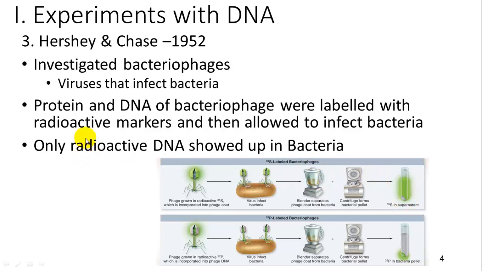When he did the same thing with phosphorus, which does get taken up by DNA, they looked at the bacteria, and yes, they had that phosphorus in it. So the conclusion was that it must be the transfer of DNA which caused the infection by the virus.